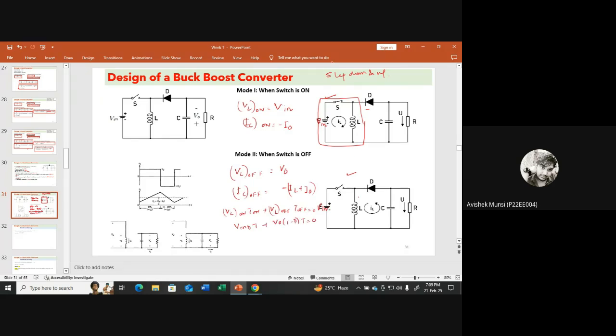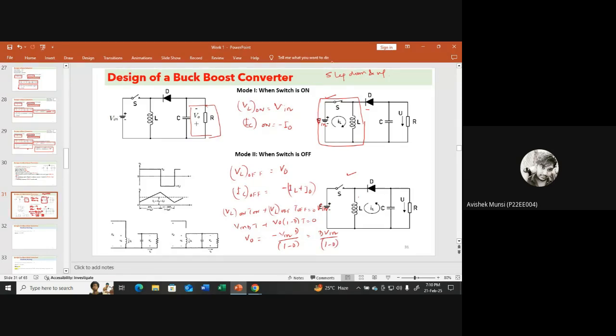If you solve it, you will get V0 as minus of V in d by 1 minus d. So in case of buck boost converter, see that the load is connected in the reverse way. If it is connected in the reverse way, we consider it as minus, then it will be d V in by 1 minus d.